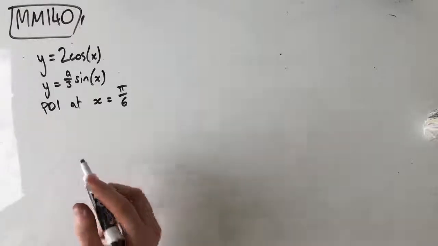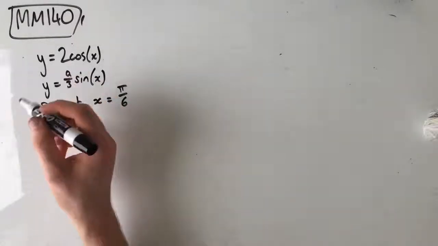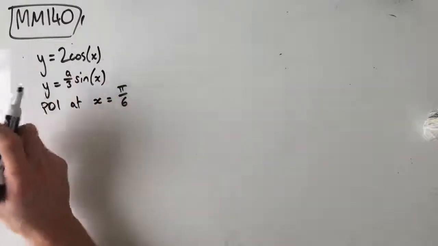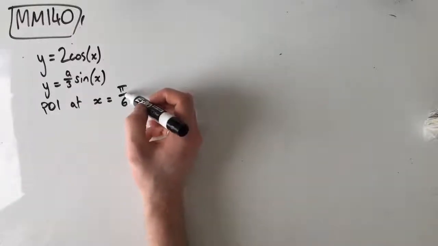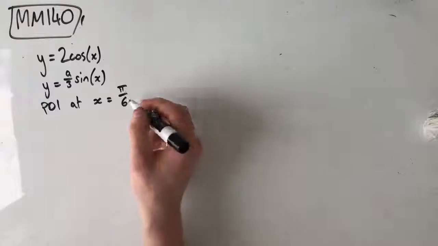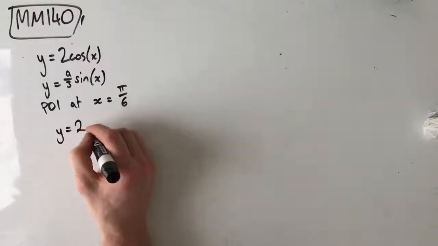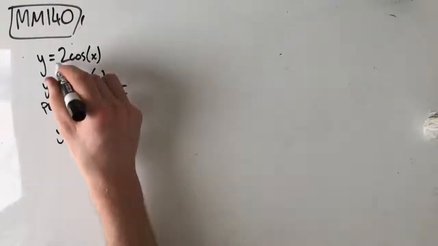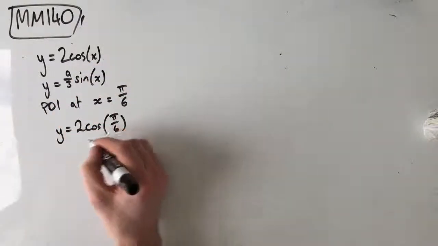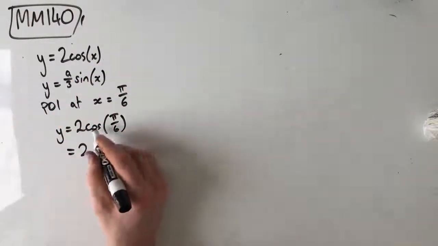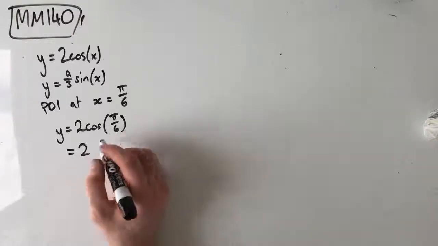Which means that to find our y value, because we're trying to find the coordinates of the 2 points of intersection, the first point of intersection we already know has an x value of pi on 6, but we don't know the y value yet, so we're going to have to sub that in. The easiest one to do is just 2 cos x. So to find our y value, we simply go 2 cos of pi on 6. So cos of pi on 6 is root 3 on 2.